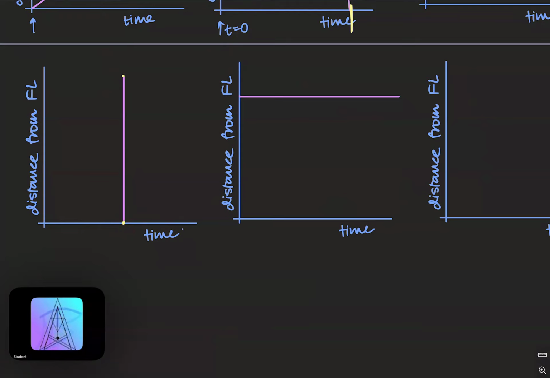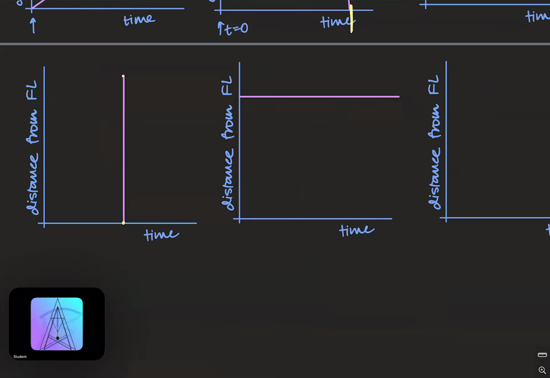This is technically the t-axis. This is time, right? So ideally, it should be undefined then. Is it undefined? The slope is undefined, yes, because it's a straight vertical line. You can also say it's like infinite slope, but you can also call it an undefined slope, yes.